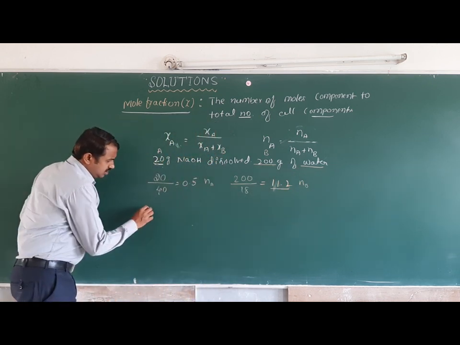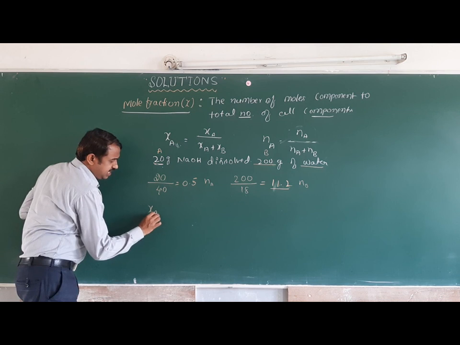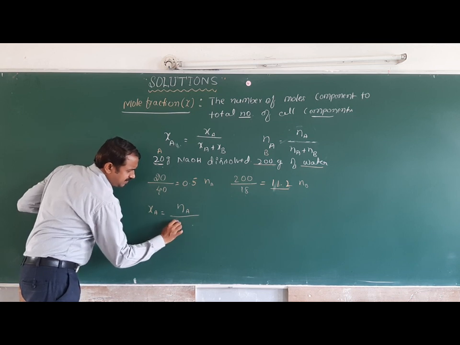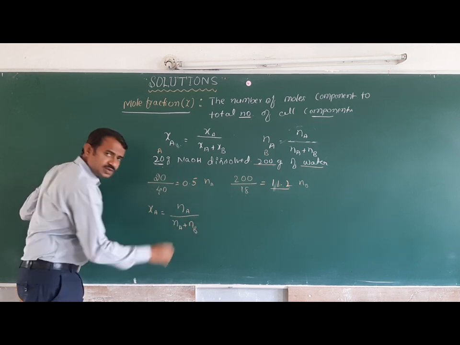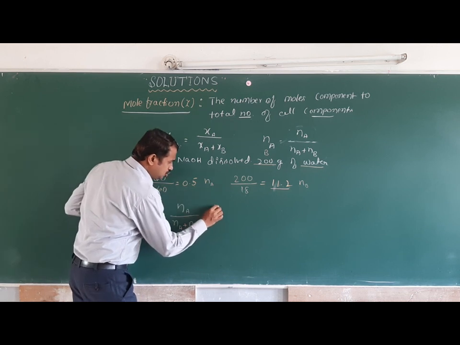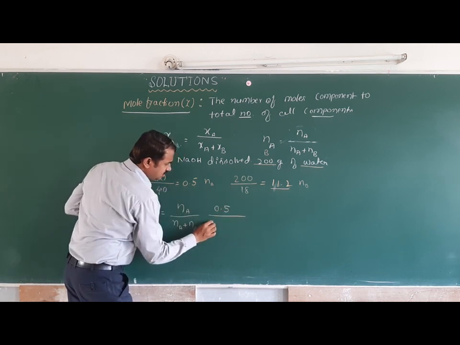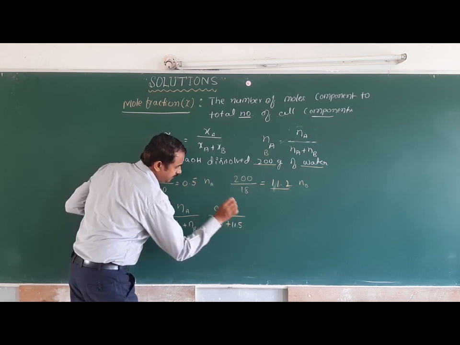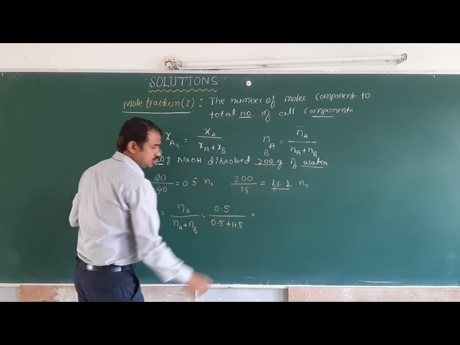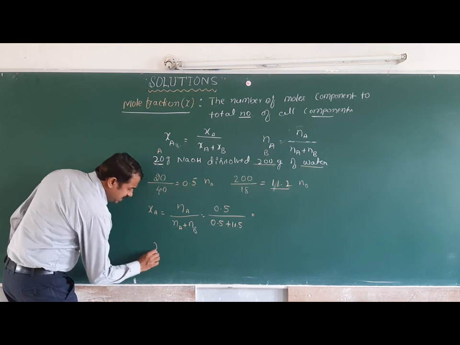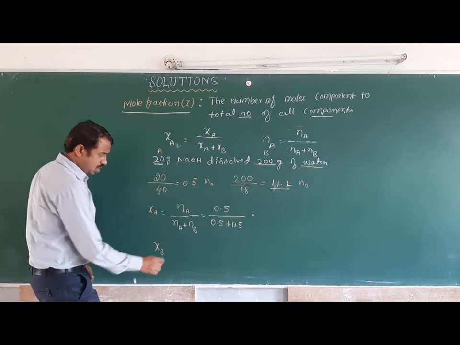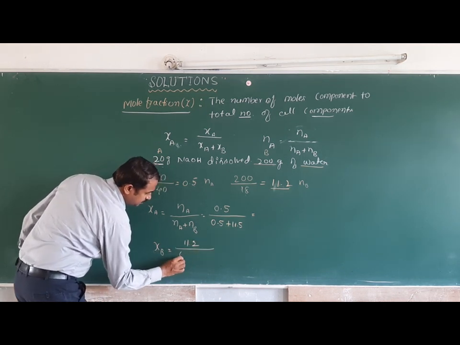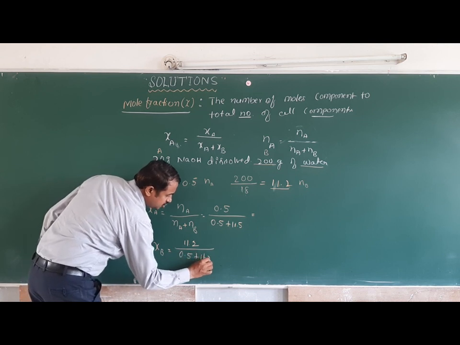Now the mole fraction of A, XA, equals NA divided by NA plus NB. What is the value? 0.5 divided by 0.5 plus 11.2. You will get the value. Next, XB equals 11.2 divided by 0.5 plus 11.2.